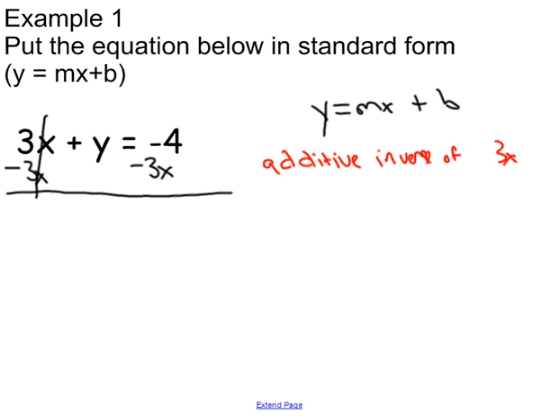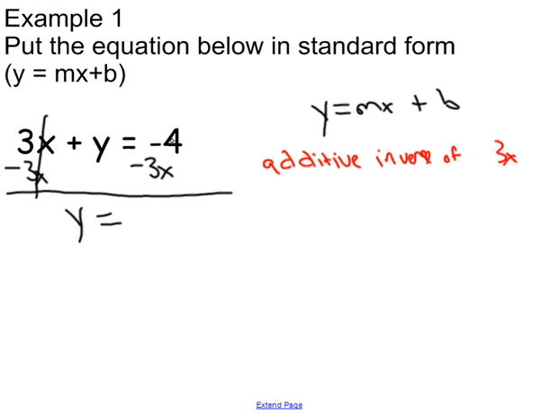These will cancel out, and I will be left with y and only y on the left side. Bring down the equal sign. Now look, these two terms here are not like terms. See how this has a variable and this is just a constant? It does not have a variable. You cannot combine them. So you have to leave them separate.